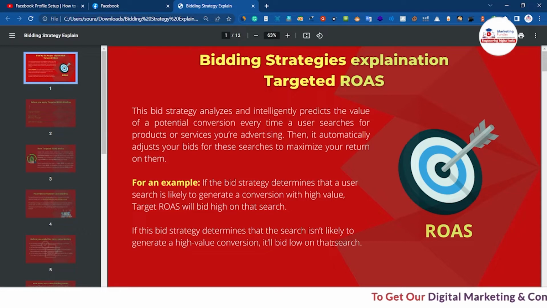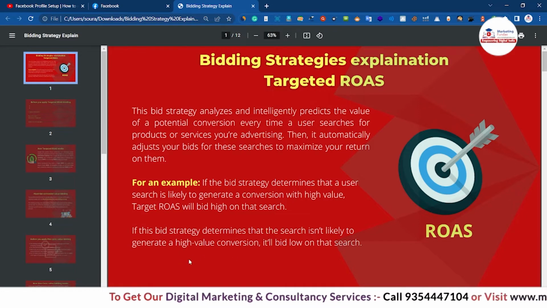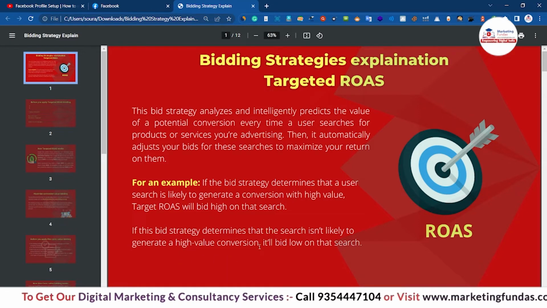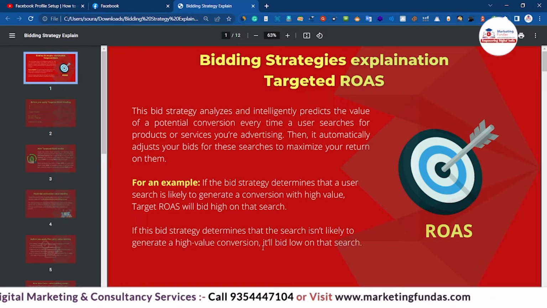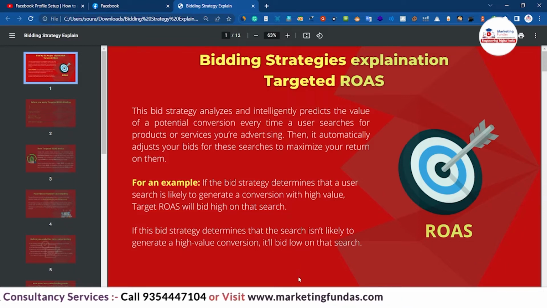Also, at the same time, if this bidding strategy determines that the search isn't likely to generate high value conversion, gradually it decreases the bidding on that particular search to save money.